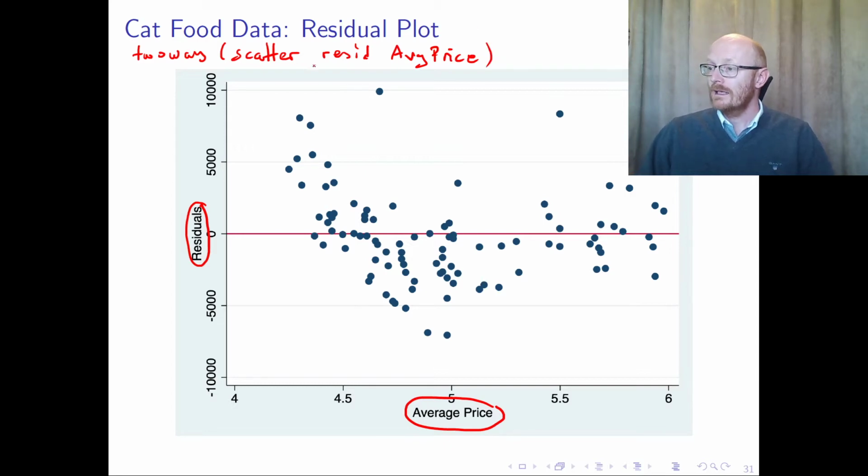Okay, and what you can easily see here is this non-linear pattern, this convex pattern between residuals and average price. So this means that we might have to perform a transformation of the data to estimate a linear model. That's next time.